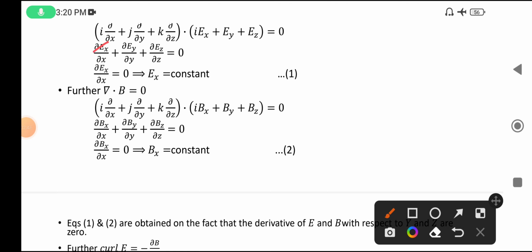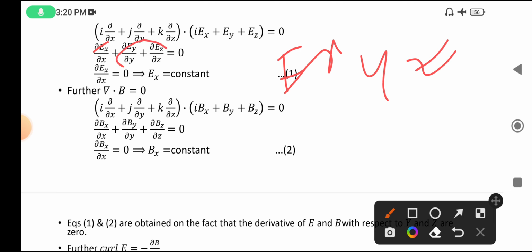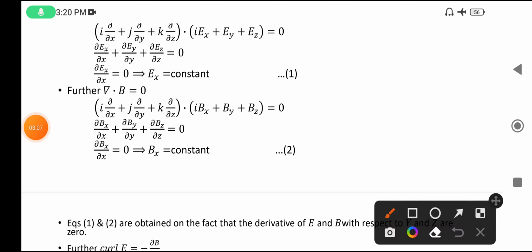And see here, what I told you just now: E is a function of x and t only. It is not a function of y and z. Then these two components are also 0, because the E value cannot depend on y and z. So this and this are 0. When those two are 0, then dou E by dou x is also 0.